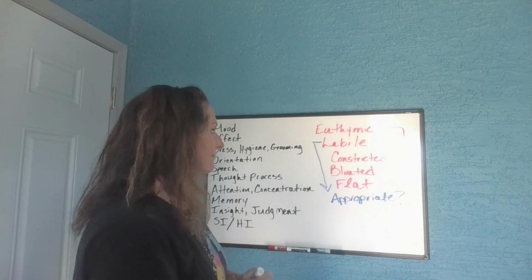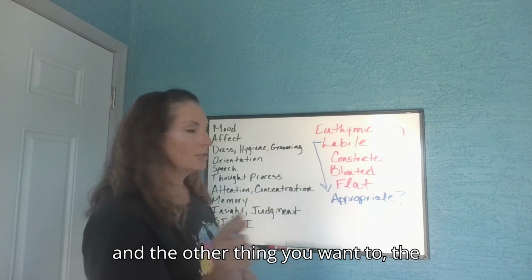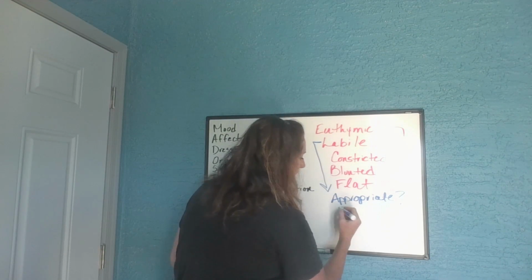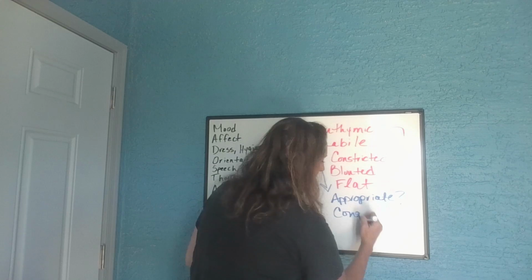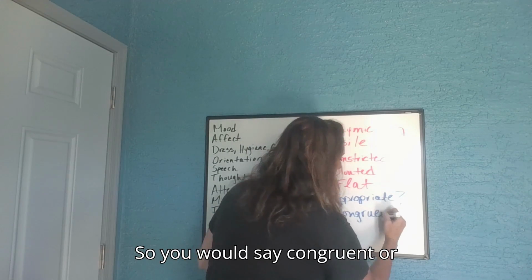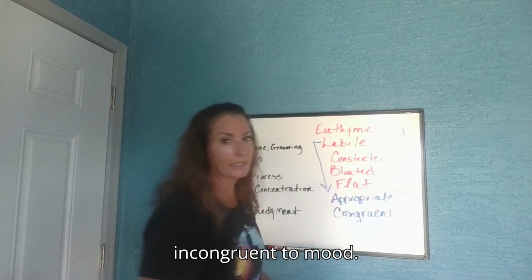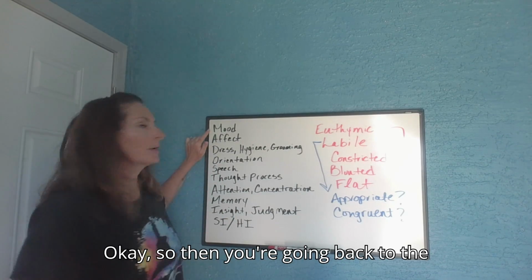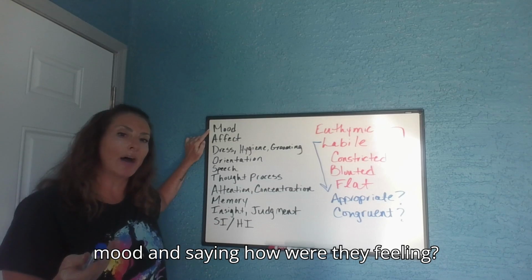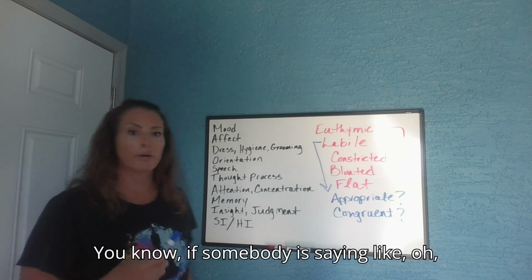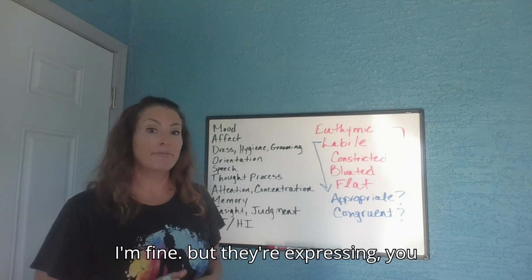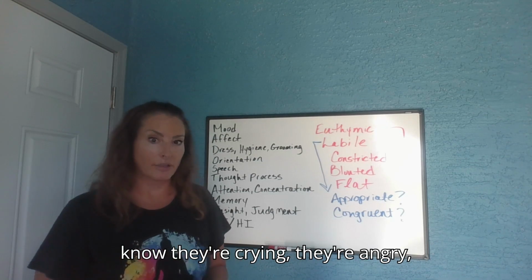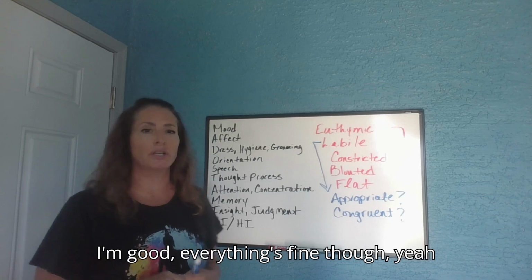The other subcategory is: is it congruent to their mood? So you would say congruent or incongruent to mood. You're going back to the mood and saying, how were they feeling? If somebody is saying, oh, I'm fine, but they're crying, they're angry, they're stressed, but they're like, oh no, everything's fine.